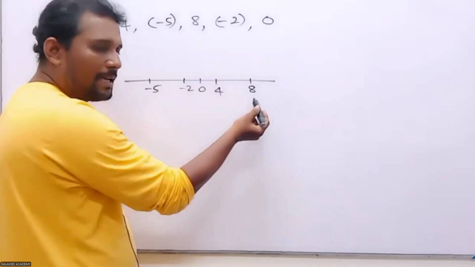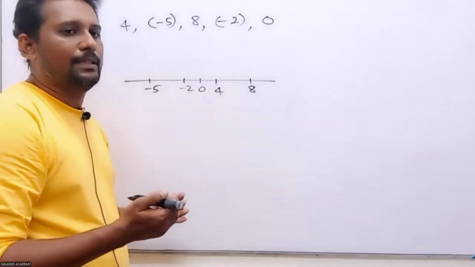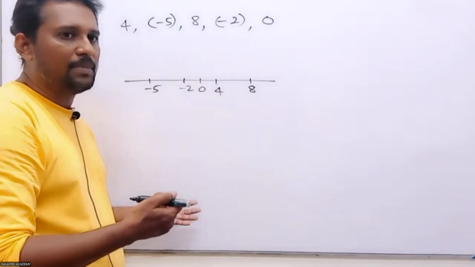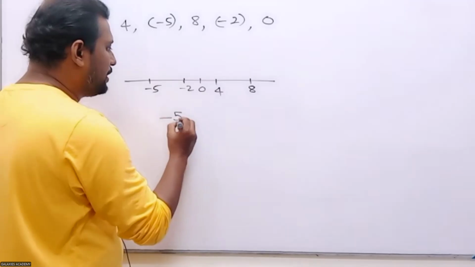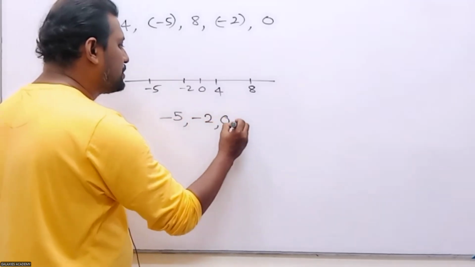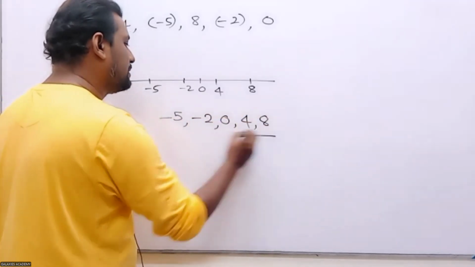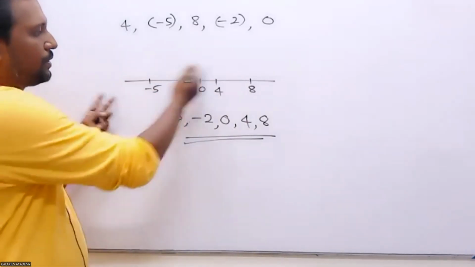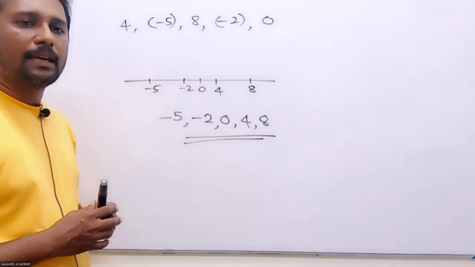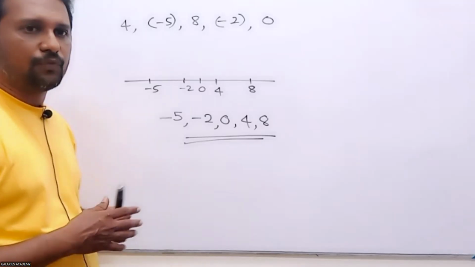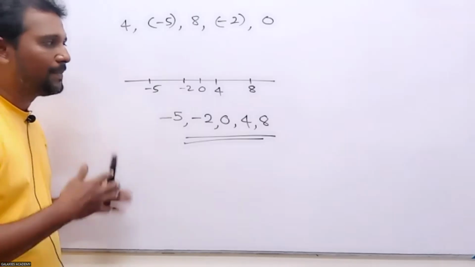Largest one is 8. So you have to rearrange these given directed numbers in ascending order. So you can write the smallest one -5, -2, 0, 4, 8. If you want, you can use a rough sketch of the number line to compare the directed numbers.